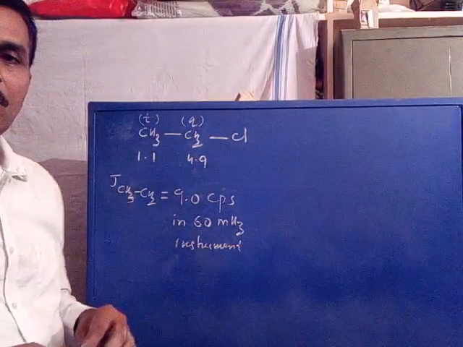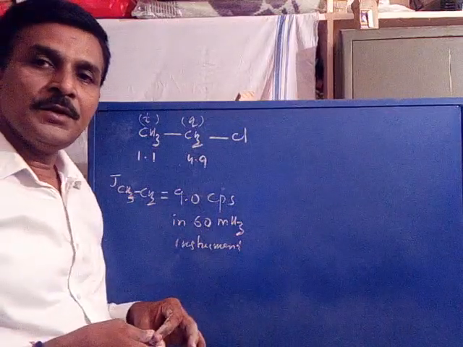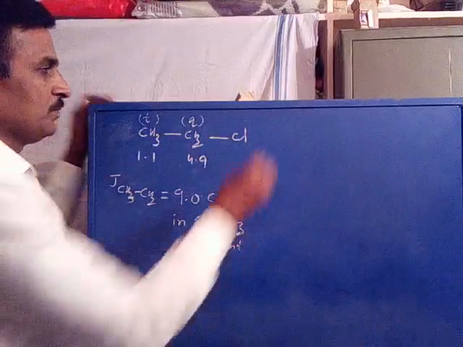Now, coming to calculate whether their delta nu divided by J is greater than 6 or less than 6.